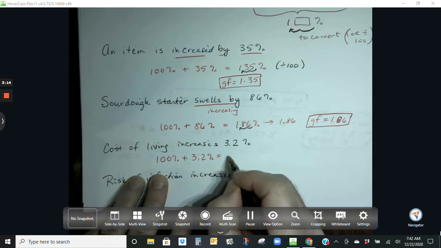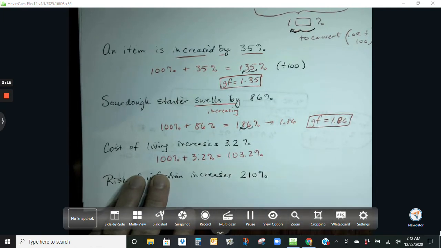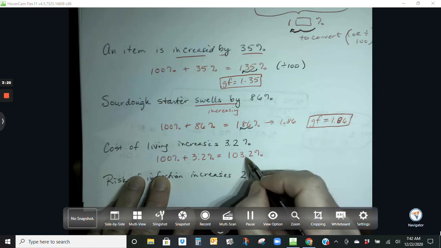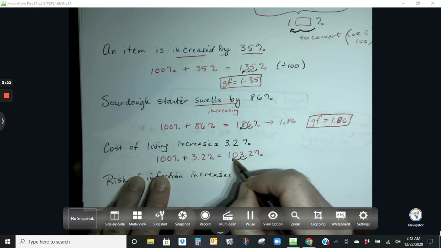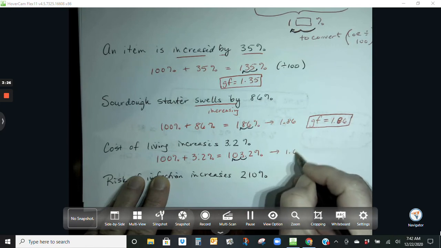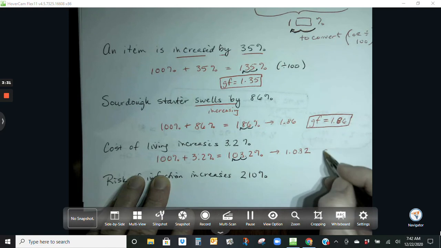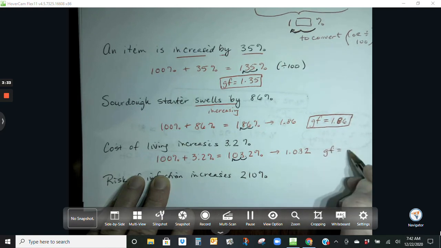So that's 103.2%. My decimal is here, so I'm going to move it 2 places to the left, and it becomes 1.032. I keep all of the numbers because they do affect my answer, and my growth factor is 1.032.